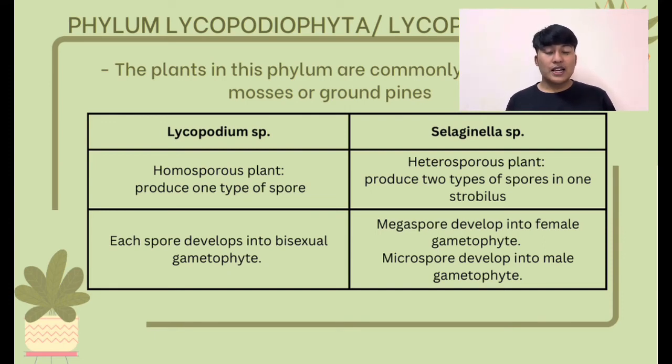Selaginella sp is a heterosporous plant. For Lycopodium sp, its spores will develop into bisexual gametophytes, having both male and female sex organs. For Selaginella sp, megaspores will develop into female gametophytes, while microspores will develop into male gametophytes.